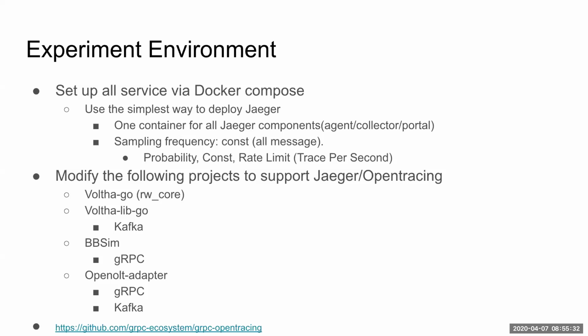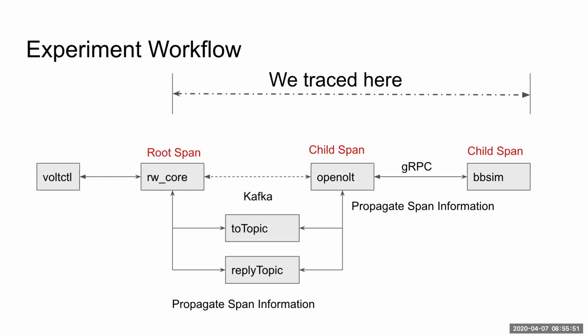And I would like to use OpenTracing in VOLTHA to see the VOLTHA control enable and create. So I modified the following projects: voltha-go, voltha-lib-go, BBC and OLT. So in my environment there are 4 components here.